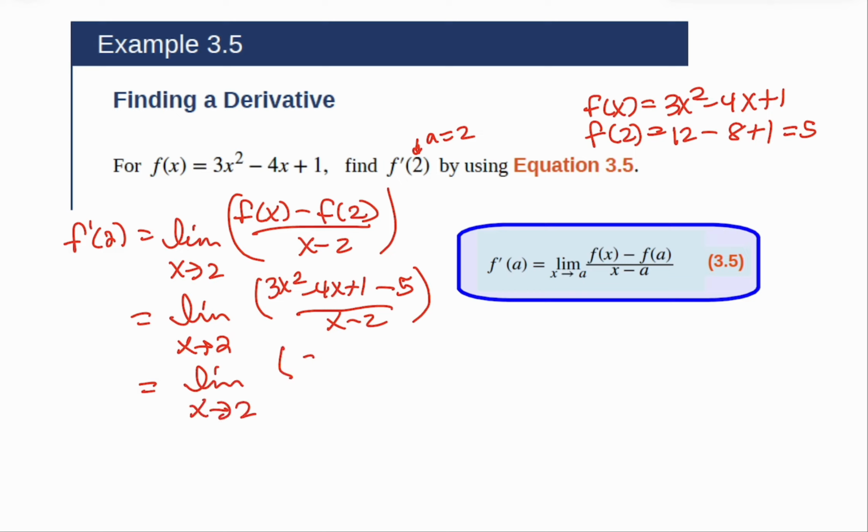We get 3x squared minus 4x minus 4 over x minus 2. If we tried direct substitution right now, we would get 0 over 0. Remember, if we have a limit that gives us 0 over 0, that means it's a removable discontinuity, and you can remove the discontinuity at that point by just reducing it down, fixing the problem.